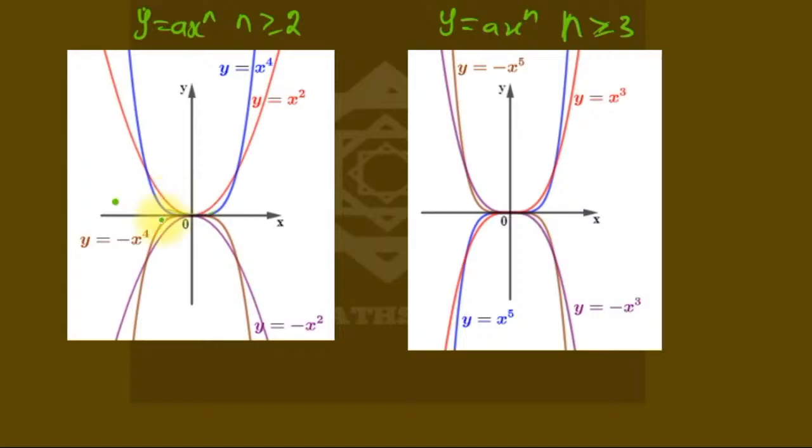The other two are almost the same thing. When n is greater than or equal to 3, you see the red one, that's 3. But if it's negative x raised to power 5, you see that it sits more on the x-axis, as you can see.